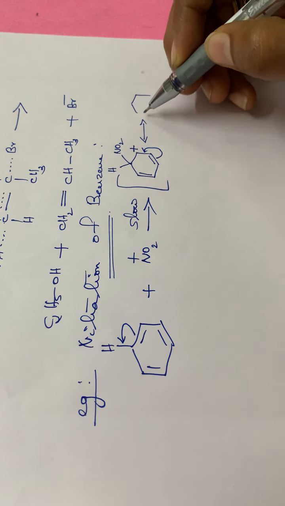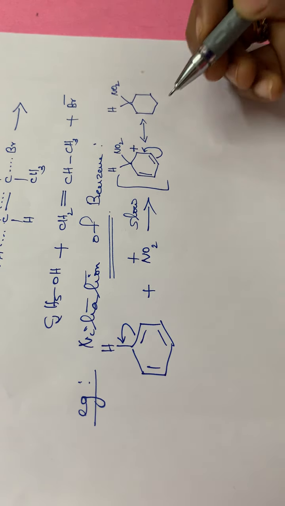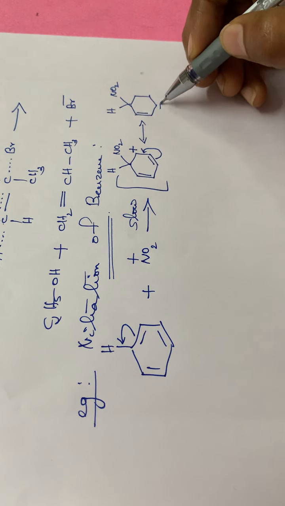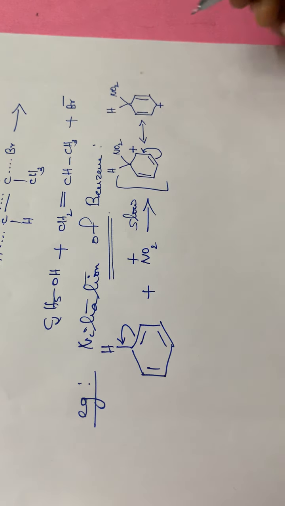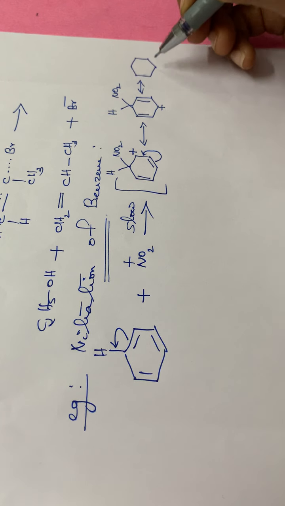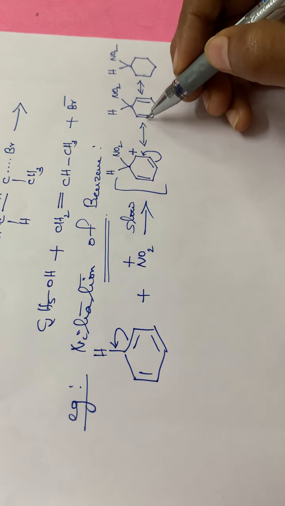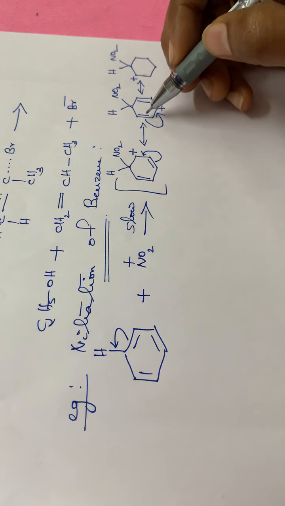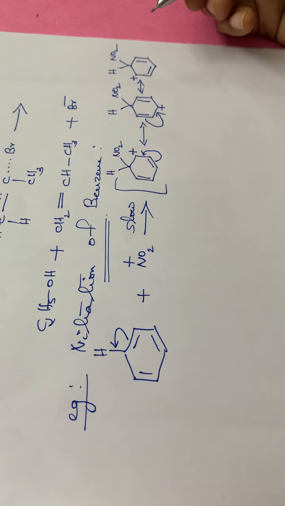So again, H NO2, here a double bond. This electron pair is moving to this position, so here this carbon atom will be getting a positive charge. Then the next one, H NO2. Again, this electron pair will be shifting here, so this carbon atom will be getting a positive charge. Then here a double bond, then already this double bond is present.